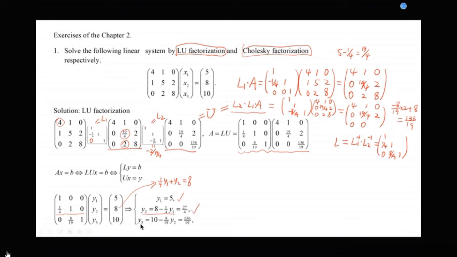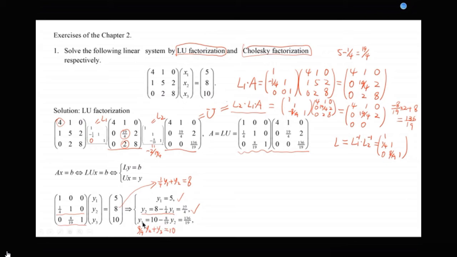Last, we obtain Y3 by the last row equation. It should be 0 multiplied by Y1 plus 8 over 19 multiply Y2 plus Y3 equal to 10, right?